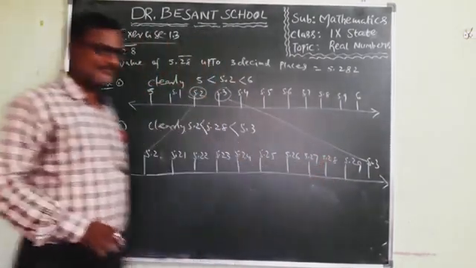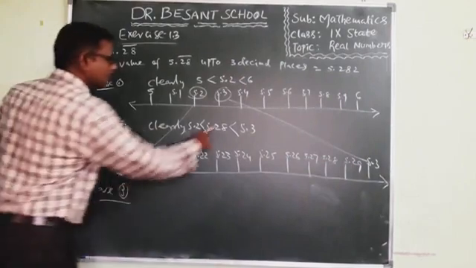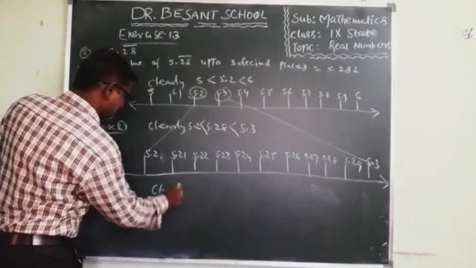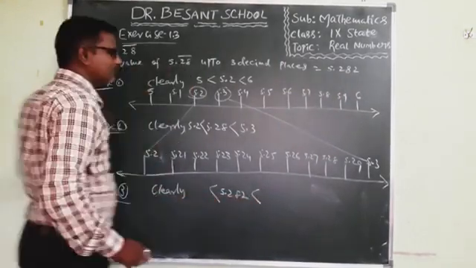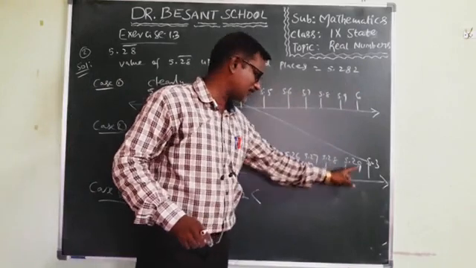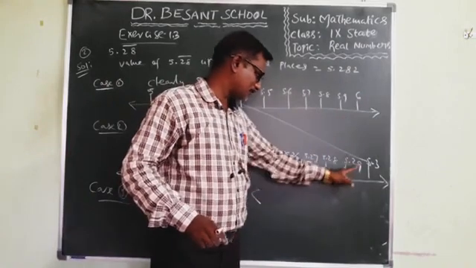Okay, 5.28 here. Now observe case 3. What is this case 3? 5.282. Where will you get 5.282? 5.282 lies between 5.28 and 5.29.